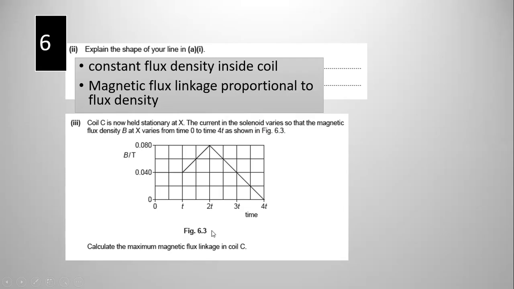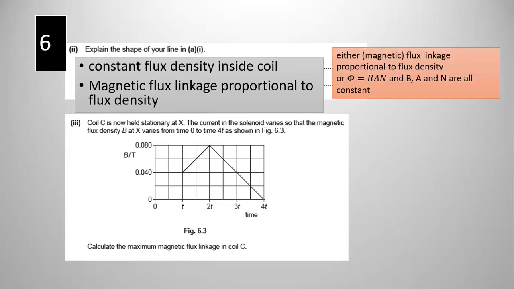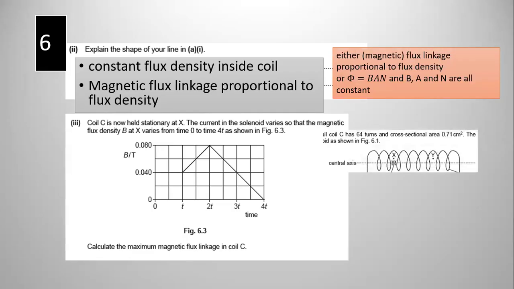So phi equals BAN. 0.08 times 0.71 times 10 to the power negative 4 times 64.